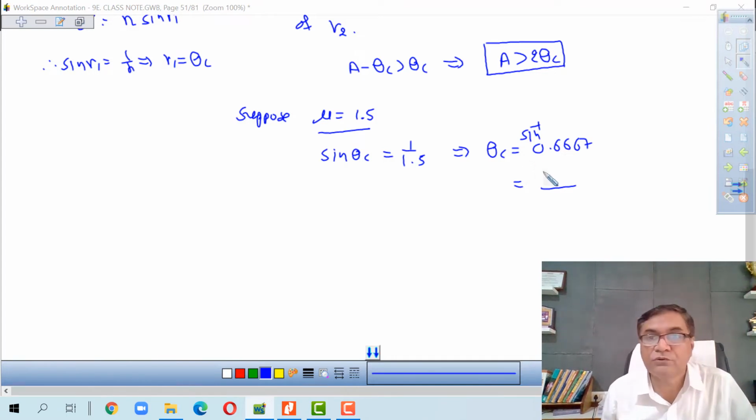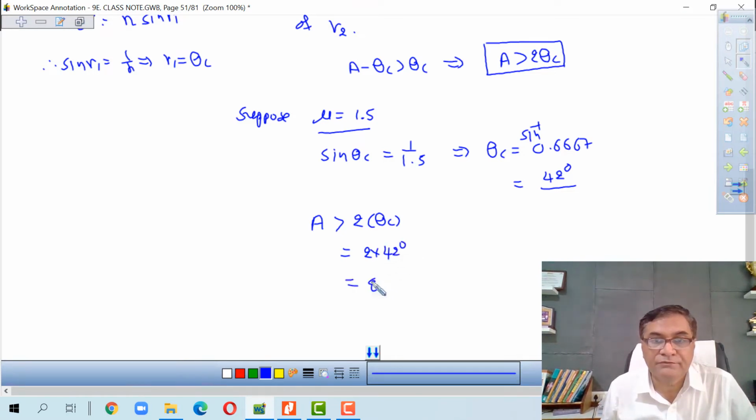So that comes out around 42 degree. Not exactly 41.8, but close. Okay. So a must be greater than 2 into theta c, so is equal to 2 into 42 degree. So it is 84 degree. So if a is greater than 84 degree, then ray cannot come out from the other side.